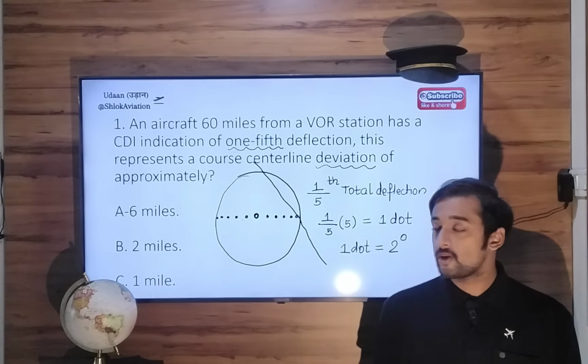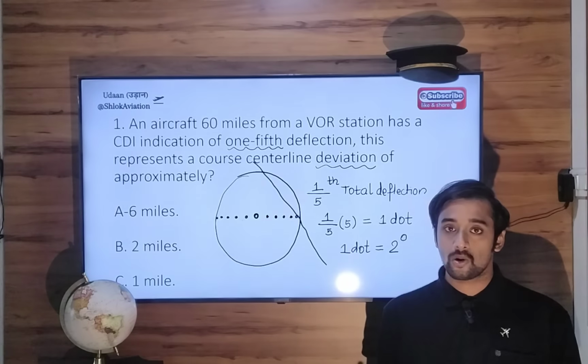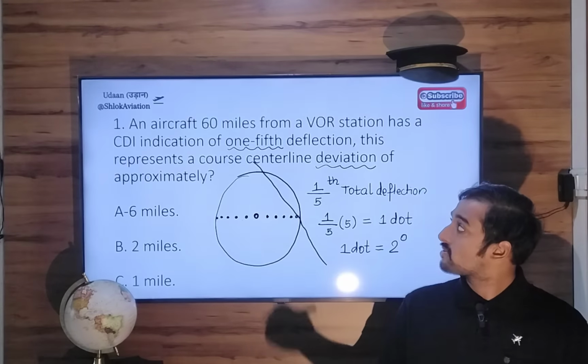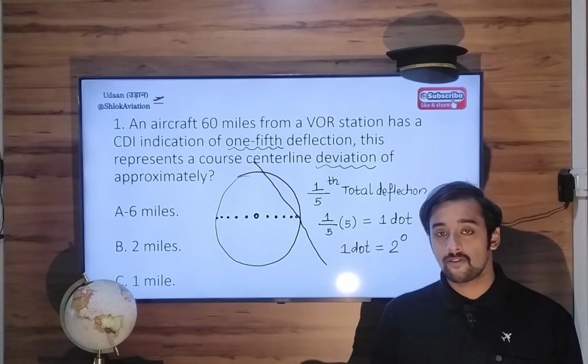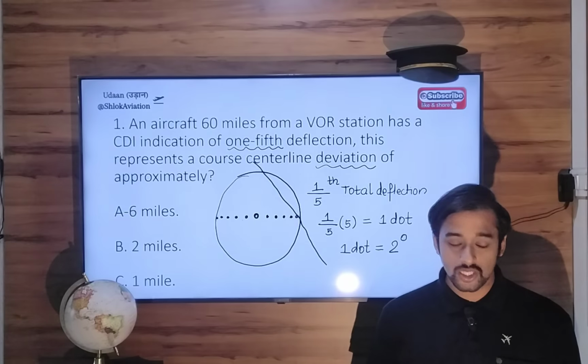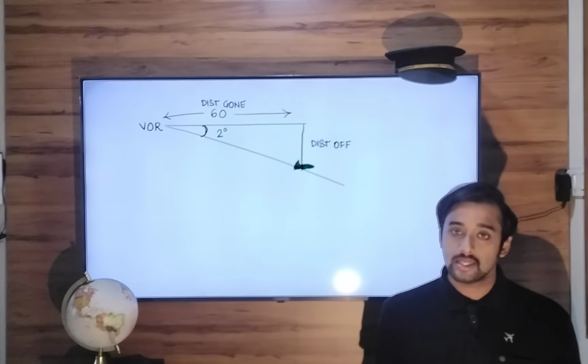If you are dealing with VOR, 1 dot will be equal to 2 degrees. In case of localizer, 1 dot will be equal to 0.5 degree. So this is a VOR sum, so 1 dot will be equal to 2 degrees. So 1/5 deflection means 2 degrees deflection from the original track. So the track error angle is 2 degrees.